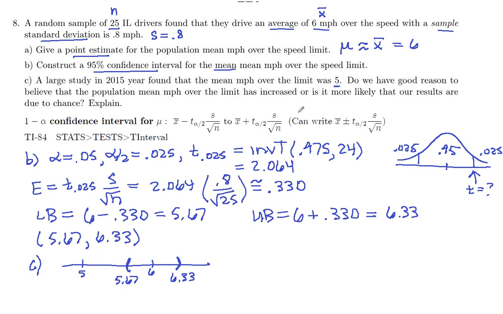And then they're saying in 2015, so this was an earlier study. So we just did this recent study here. So in 2015, they found the mean miles per hour over was 5 right here. And they're asking, has it increased?